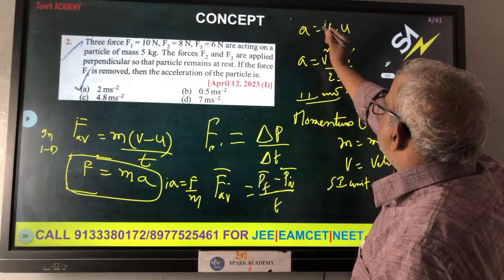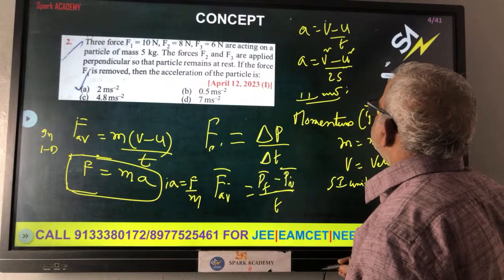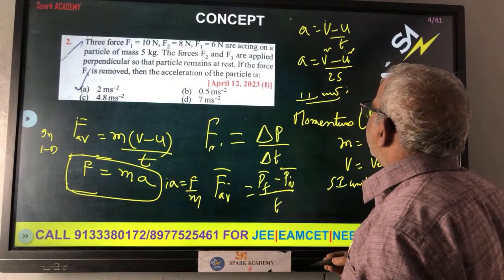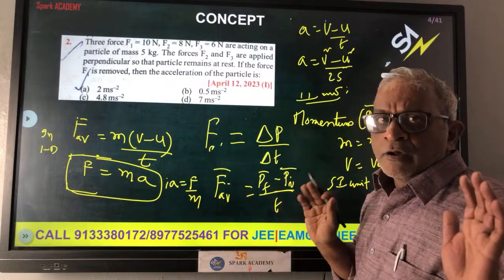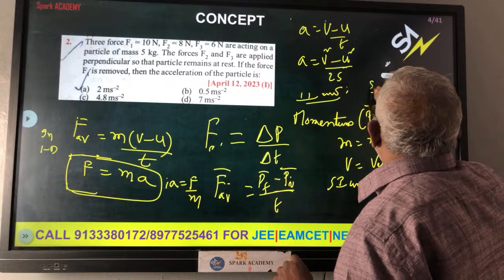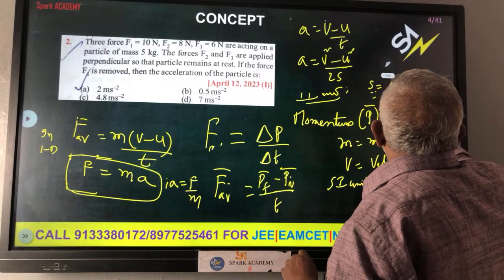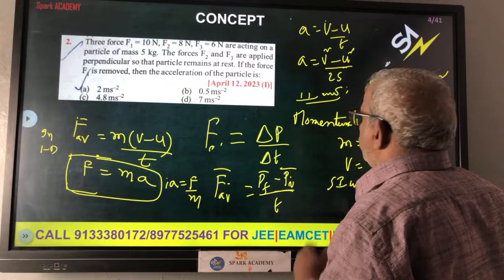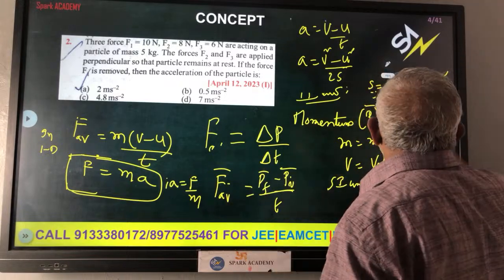With vector notation, we write v bar minus u bar by t. But let us confine ourselves now to one-dimensional motion for many problems. S is equal to ut plus 1 by 2 a t square can also be used to calculate acceleration.